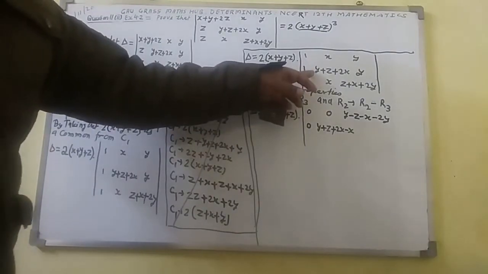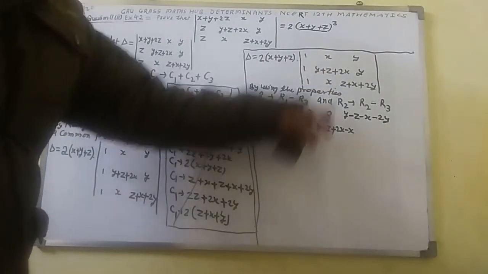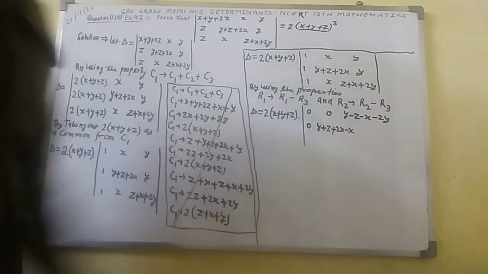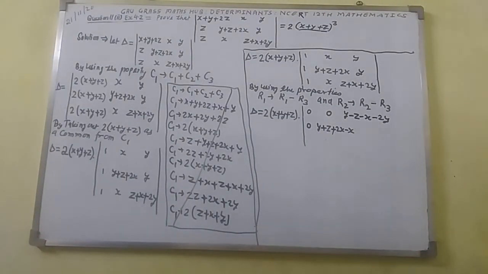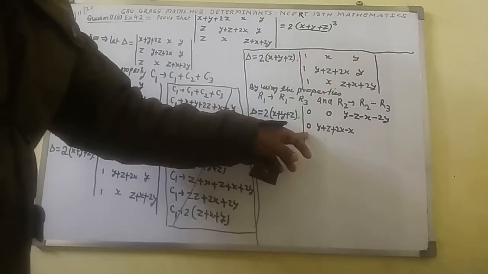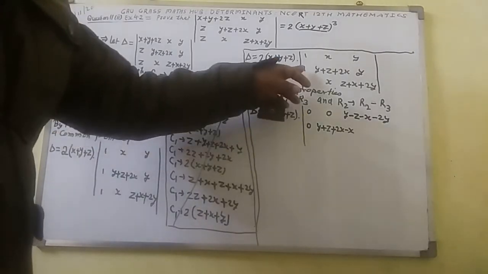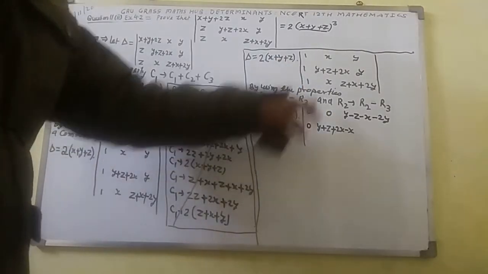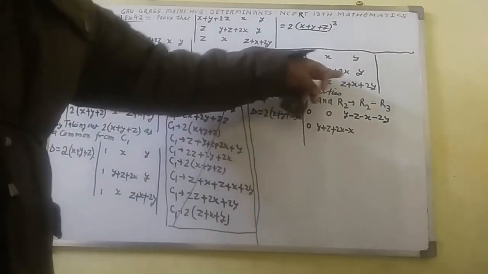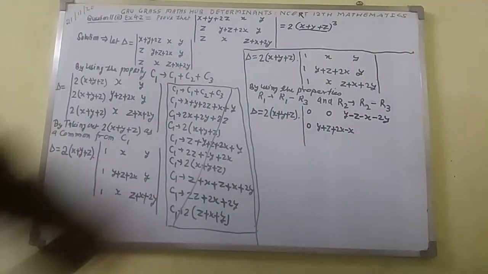Here you can see y plus z plus 2x minus x. R2 goes to R2 minus R3, here y plus z plus 2x minus x I have written.